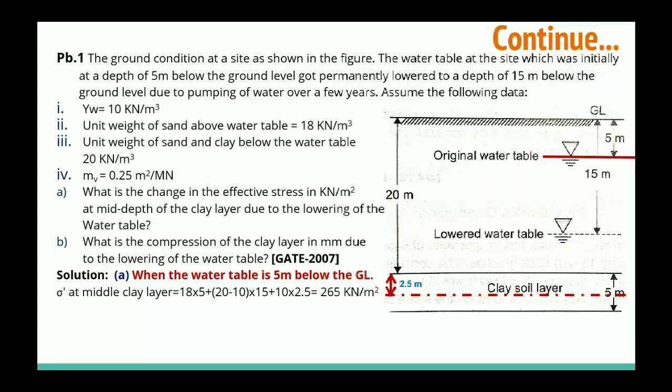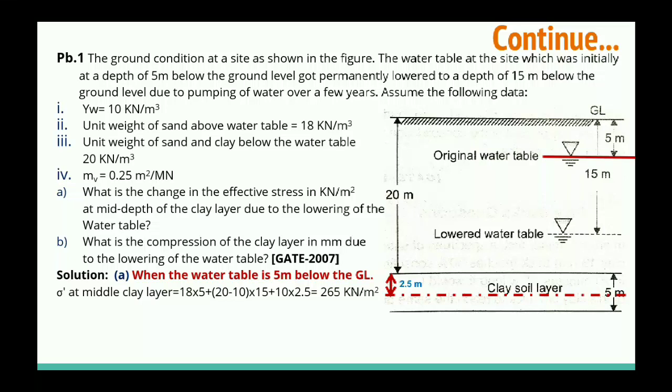So we can add: the sand is above the water table, that height is 5 meters, and the unit weight of sand above the water table is 18. So we can calculate 18 into 5 plus, now 15 meters of sand is below the water table and its unit weight is 20. So we have to take the submerged unit weight, by deducting the unit weight of water from the unit weight.